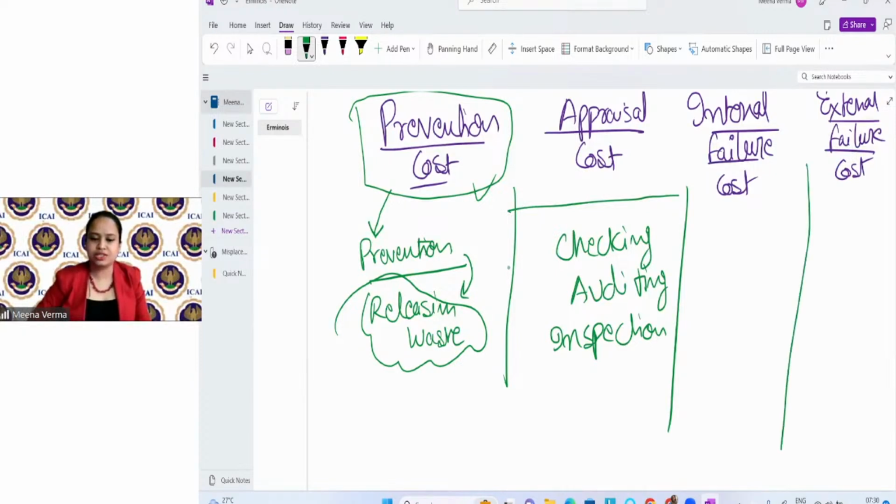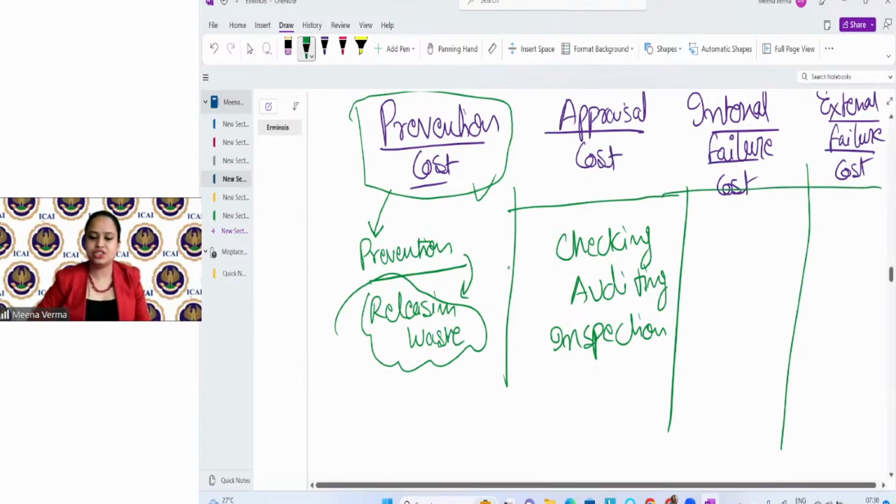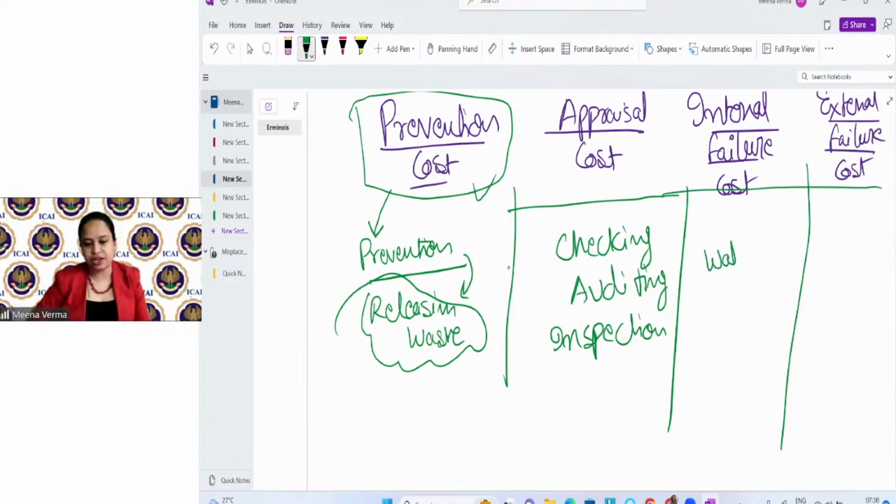Internal failure cost, maybe the organization has some process which is releasing waste, like water waste. I have given you an example, water waste. In the textile industry, they use gallons of water. And when they release this water in the environment, it harms nature. So what happened?